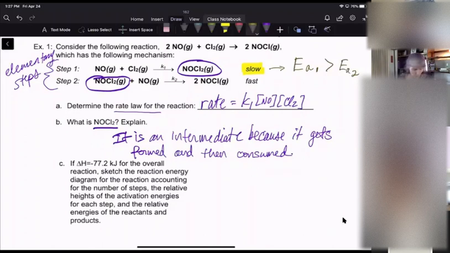There's going to be 2. So you're going to have 2 barriers for a 2-step reaction. All right, are reactants higher or lower than products? It depends on if it's exo or endothermic, right? We have a delta H of minus 77.2 kilojoules. So it'd be exothermic. So I think reactants would be higher.